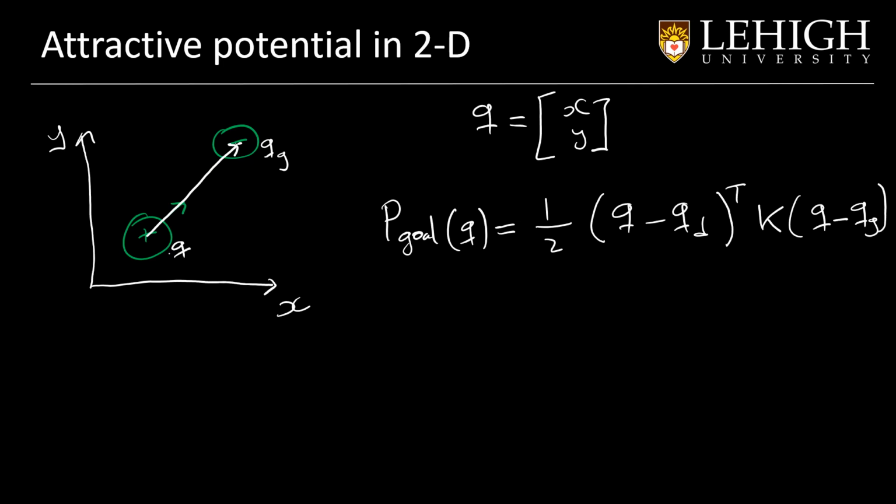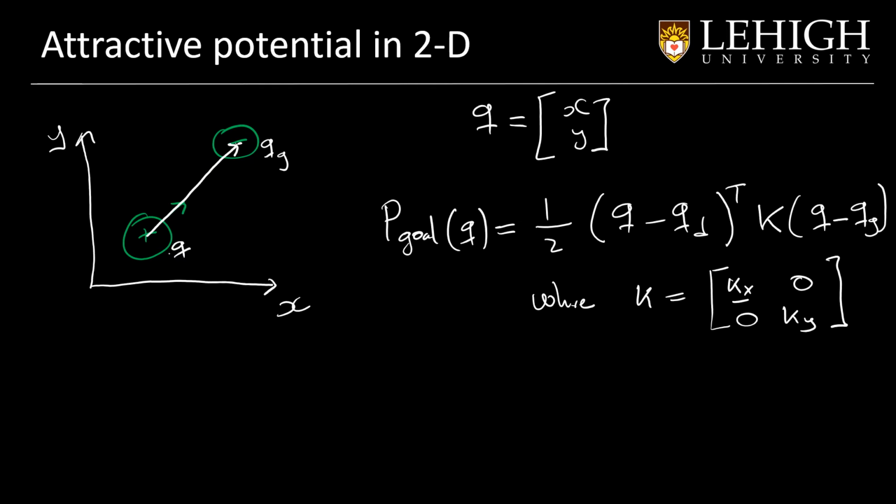So this is the quadratic equation of a ball, where the gain or the constant that will determine the rate or the shape of the ball will be equal to just a diagonal matrix based on some constants, where kx is just the kx that we had in the one-dimensional case.